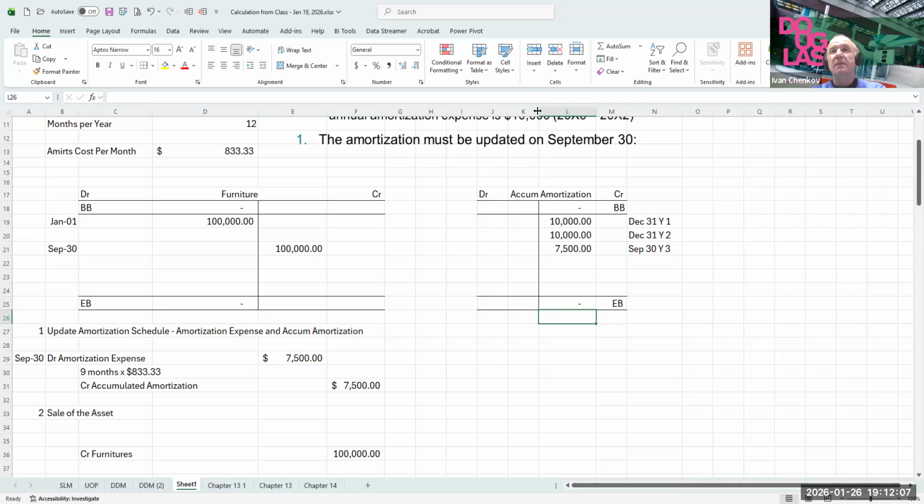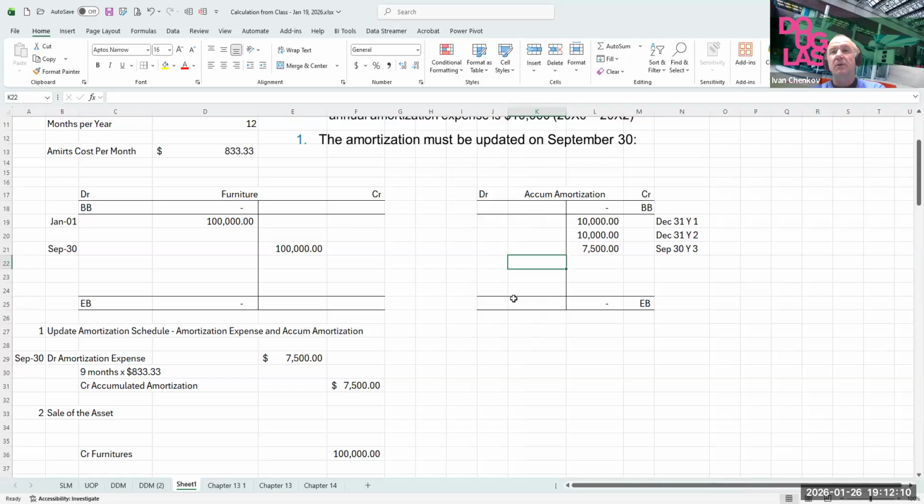So the only way to make this balance 0 is to debit this account with the same amount that's sitting on the credit, which at this point is 27,500. So that will be my second entry: debit accumulated amortization, furnitures, with 27,500. So far, so good.